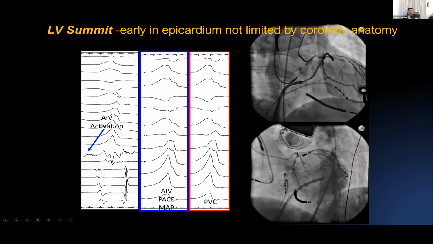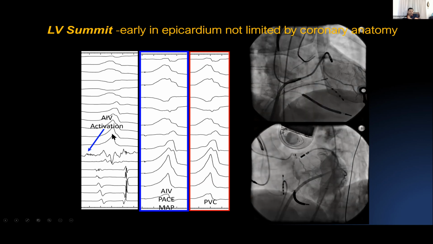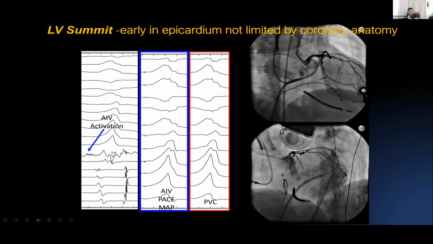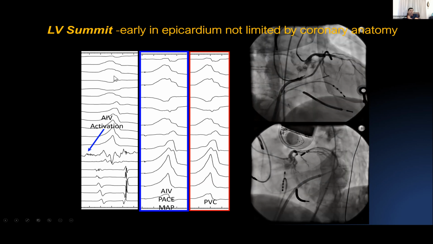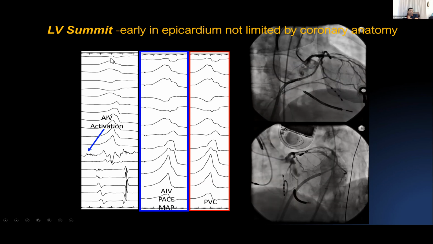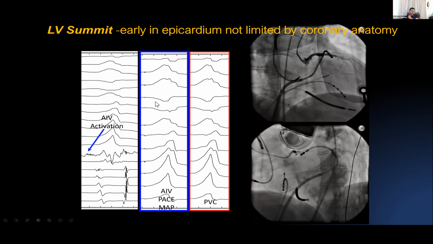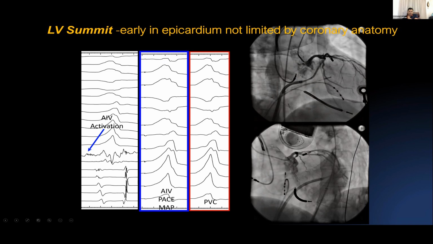As you can classically see, the PVC in these cases is right bundle, no transition, inferiorly directed with almost negative in lead 1, suggestive of coming from the LVOT on the top part of the LV summit area.